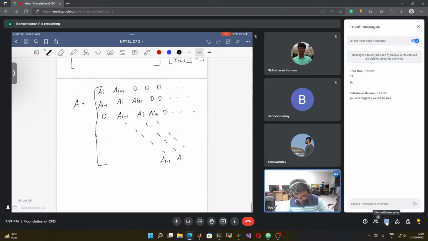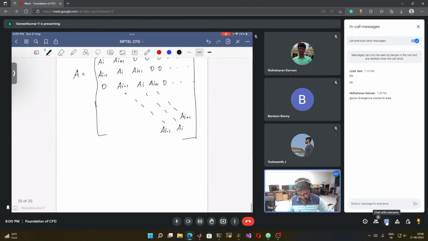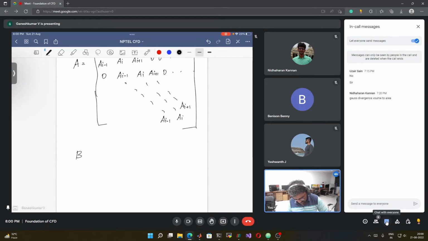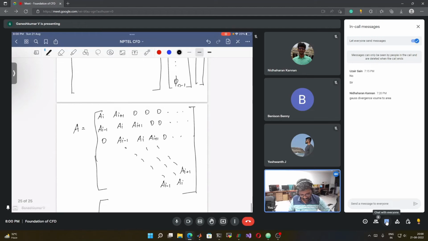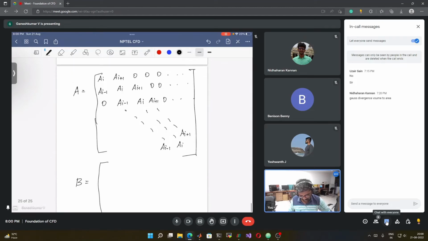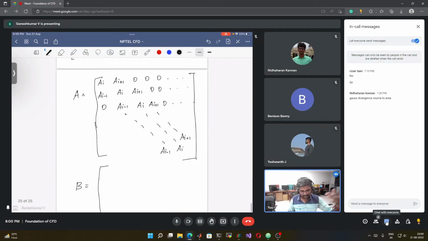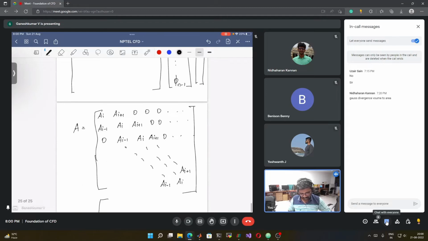So you will end up getting this kind of matrix, a tridiagonal matrix. Since it's 1D, you end up getting a tridiagonal matrix. If it's 2D, you are going to have two other sides also. You will end up getting a pentadiagonal matrix. You will have two more diagonals.